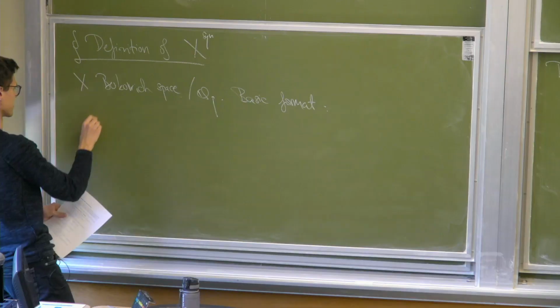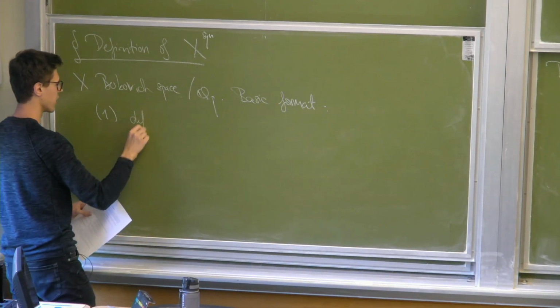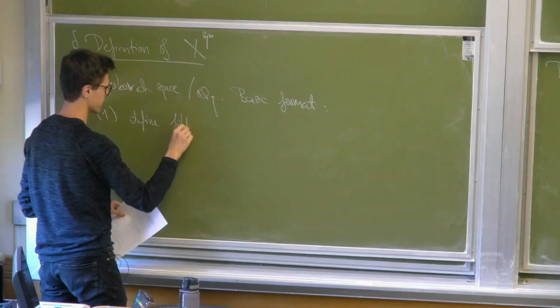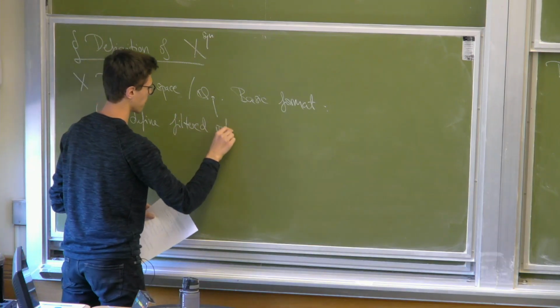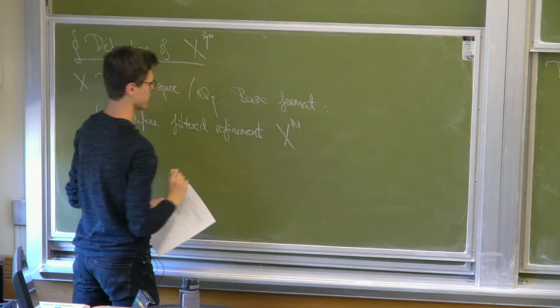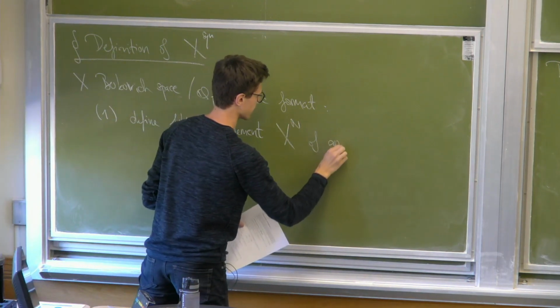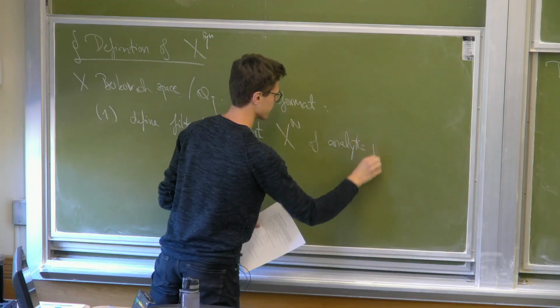So the basic format is the following. First, you define a filtered refinement, denoted X^N, of, well, in our case, the analytic prismatization.